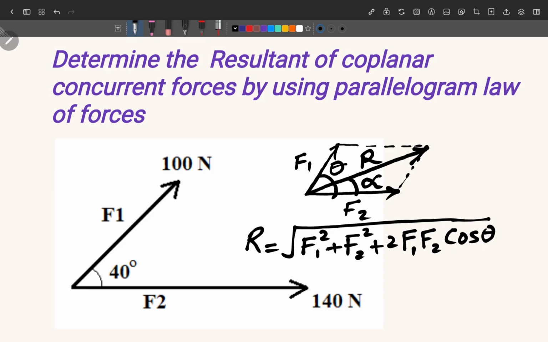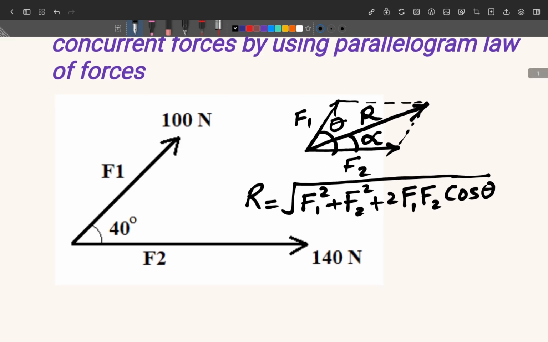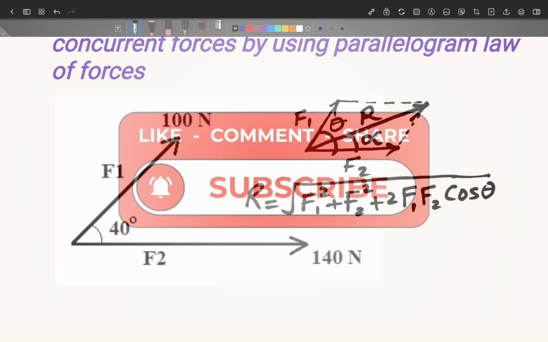Now we will apply this rule to determine the resultant of two forces, which are 100 Newton and 140 Newton, and the angle between them is 40 degrees.